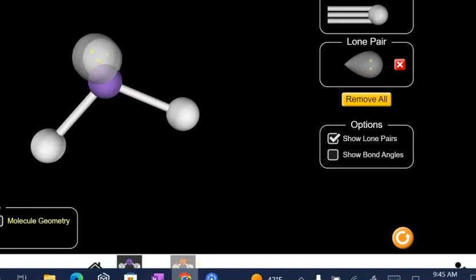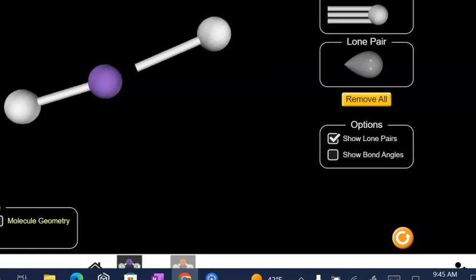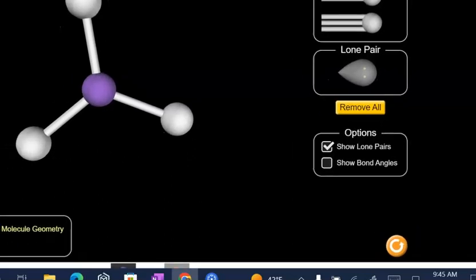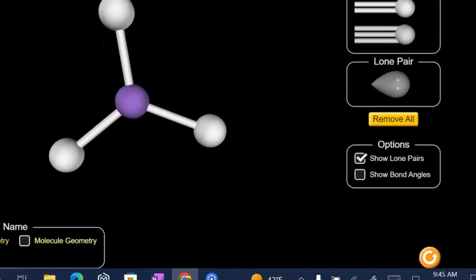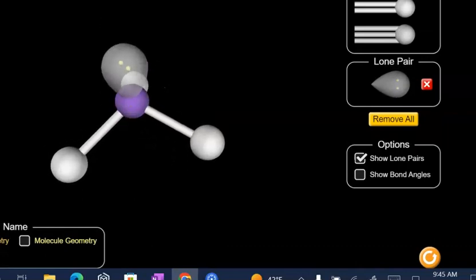So let's think about what that would look like in 3D. I'm going to go ahead and put up my molecule again, and I'm going to start from scratch. So I'm going to go ahead and add my 3 bonds. So that's my N in the middle and my 3 H's surrounding it. All right. Now I'm going to go ahead and add my lone pair. And let's go ahead and twirl this one around a little bit and see what shape we get.